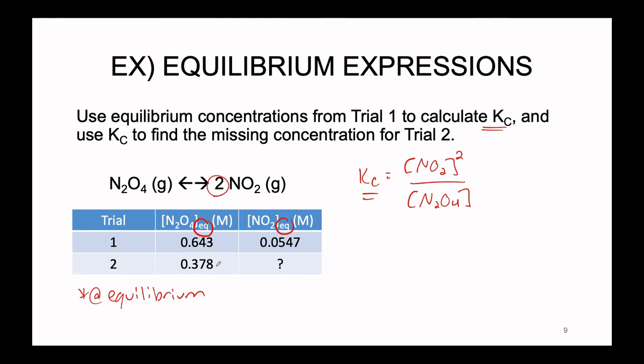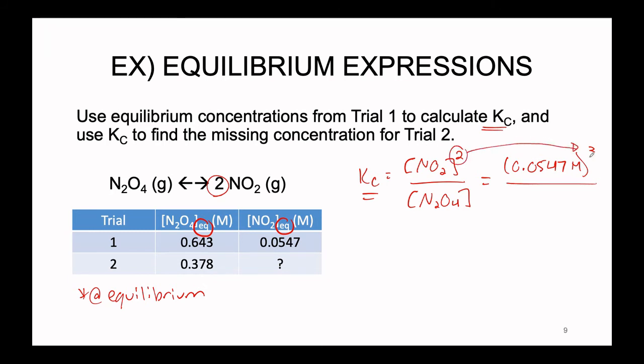Okay, so the way that we can use this equation is we can take the concentrations numerically that we have recorded here at equilibrium and insert them into our equilibrium expression here. So the concentration of our NO2 we can see here is 0.0547 molarity, squared, coming from this square up here.